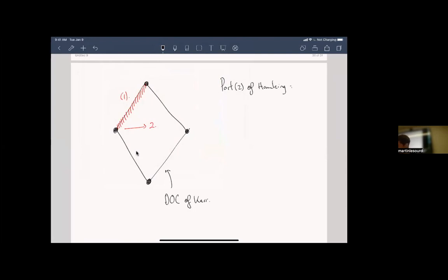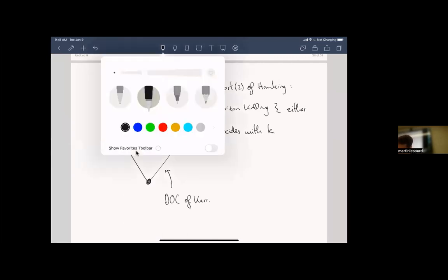So part 2 of Hawking says the horizon killing field, right, this vector field, either coincides with K, which is the stationary one. So remember that K, let's draw a picture.